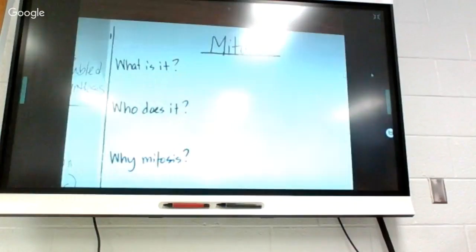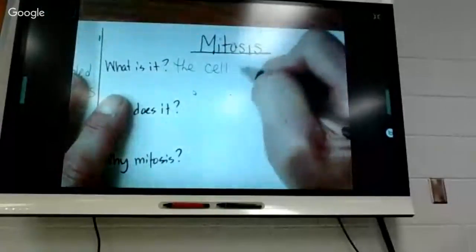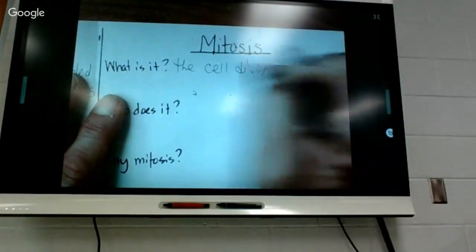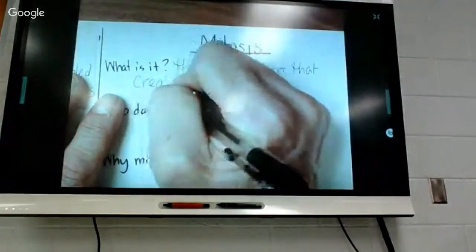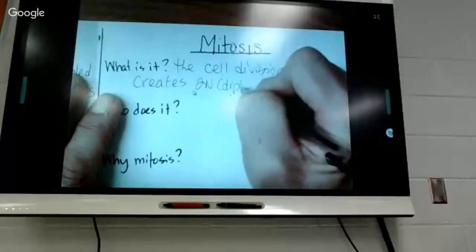Okay, so if we flip to the center with mitosis, mitosis is making cells. So it's cell division that creates 2N or diploid.